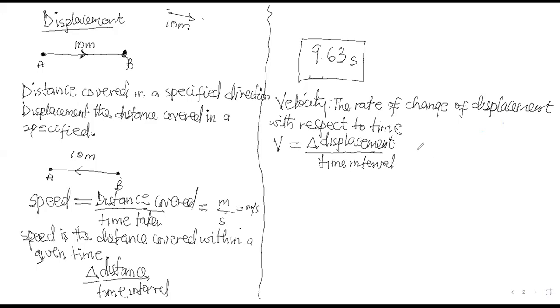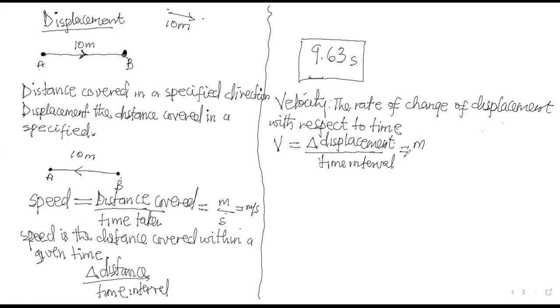Let's look at the SI unit of velocity. Change in displacement is the distance within a specified direction, but the unit is still the meter.